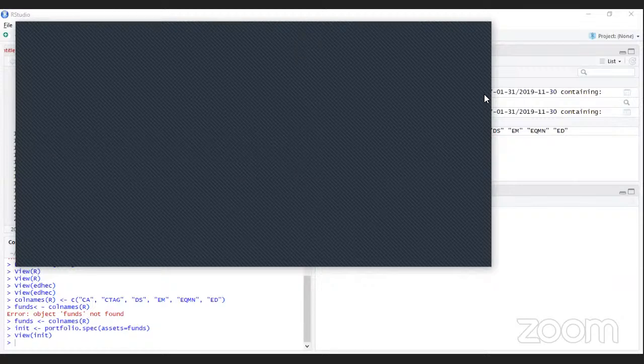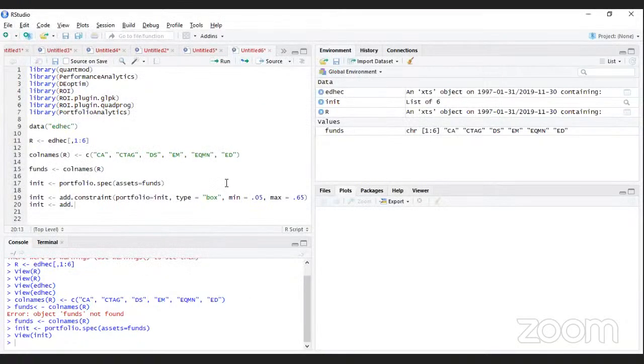One is a long position, one is a short position. What is a long position? Or screen sharing is paused, you're saying. Okay. What is a long position?